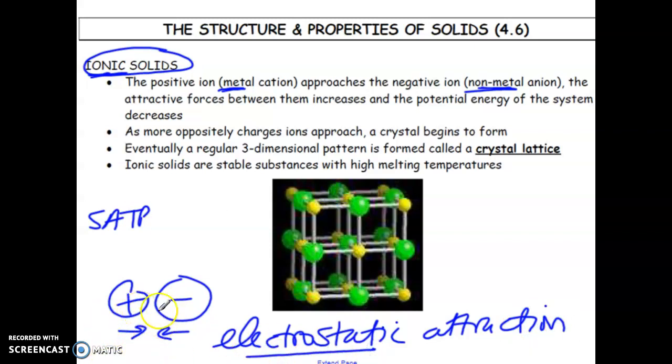The positive and negative ions are attracted together because they have opposite charges. Because they are so tightly packed together, you end up having this crystal lattice structure. This picture shows some distance between them, but that is just to mimic the shape that it will take on.